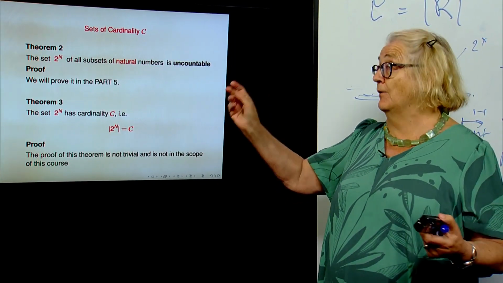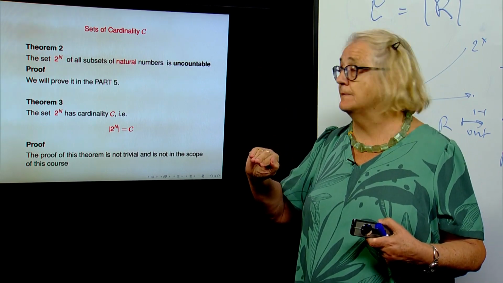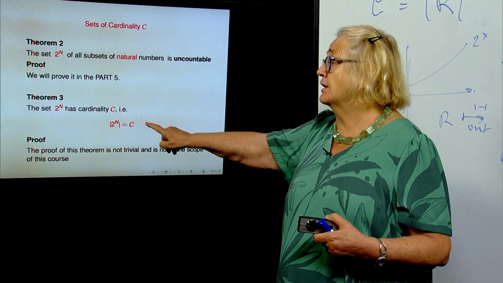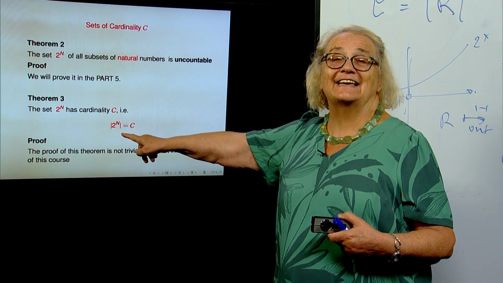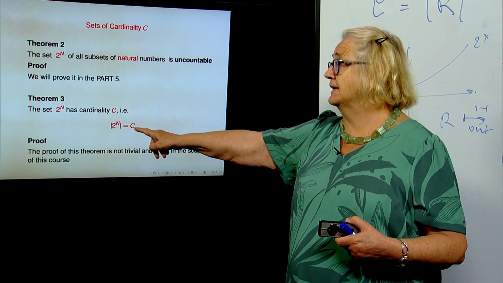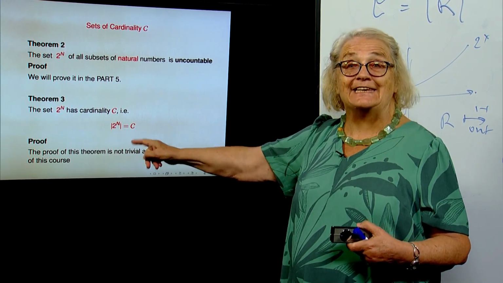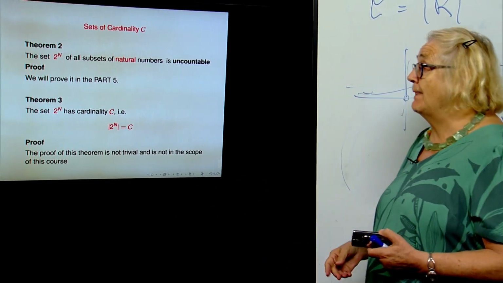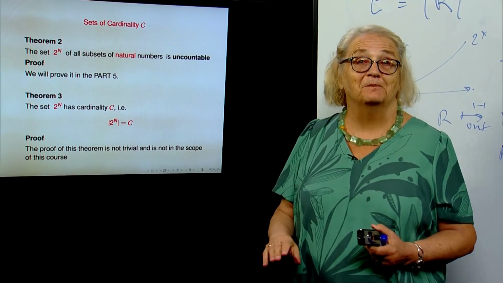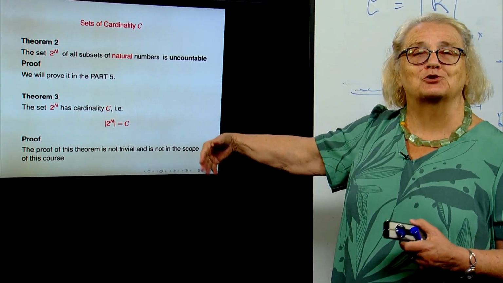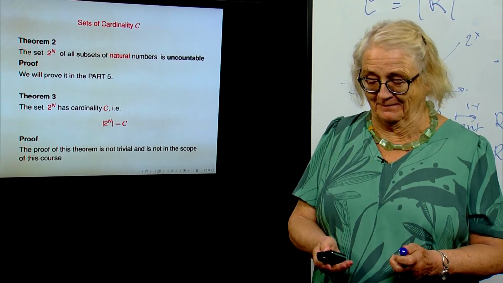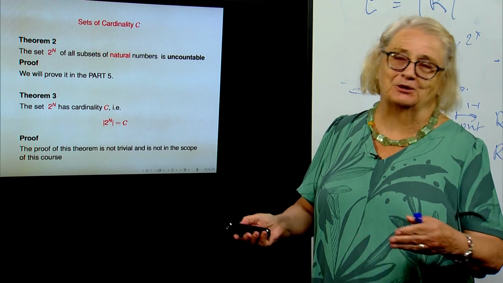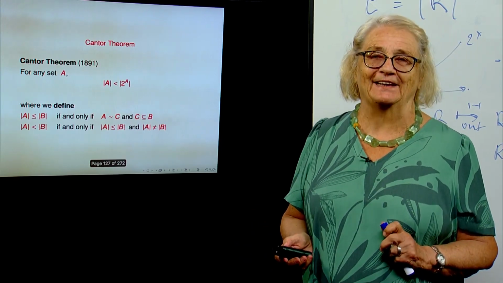But we have a stronger theorem that the cardinality of the set of all subsets of natural numbers is C. So there are as many as real numbers. And this is not trivial. As I say, it's out of scope of our possibilities at that moment. Let's put it like that.